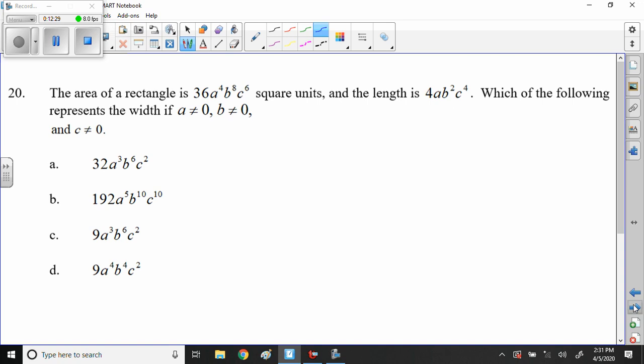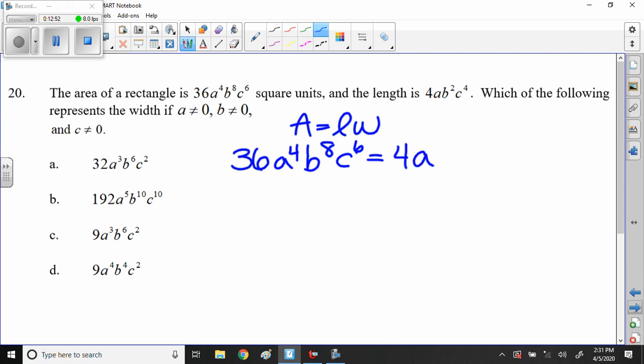Okay, and then last one, if they tell us the area of a rectangle is something and we know the length, that's a clue that you need to work backwards to find your width. Area formula is length times width. We know our area is 36a to the 4th, b to the 8th, c to the 6th. So we can plug that in for the area, and then we can plug in our length. 4ab squared, c to the 4th times our width.